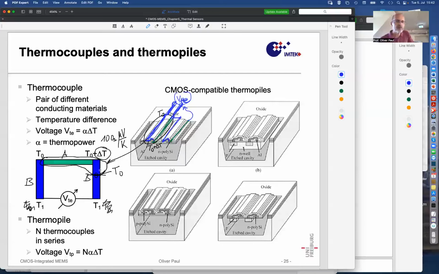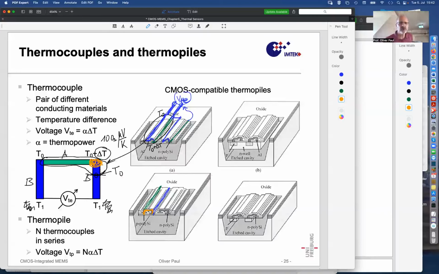So you have blue and green embedded in these dielectric sandwiches. And then you have a little connection here that I'll draw in orange.